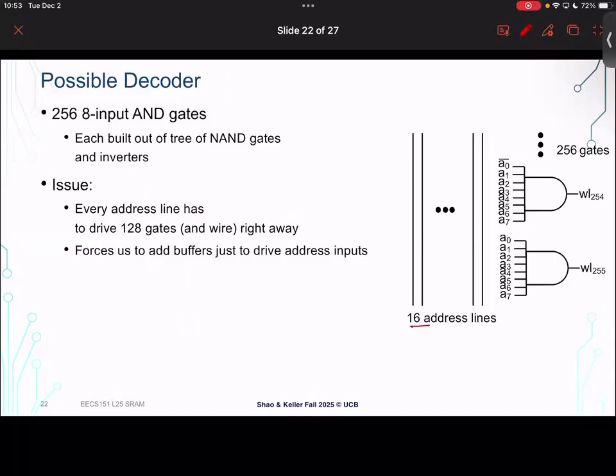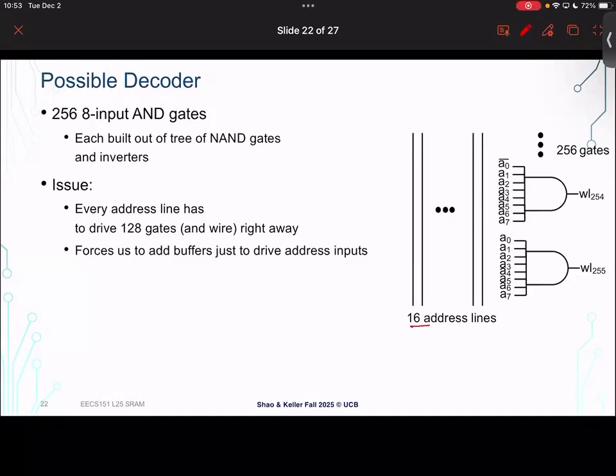So we have A0, A0 bar, A1, A1 bar, A2, A2 bar, right? We have each address bit and its complement makes 16 address lines for a 256 entry SRAM. One problem with this design is that each of these address lines is needing to feed exactly half of those big AND gates, right?